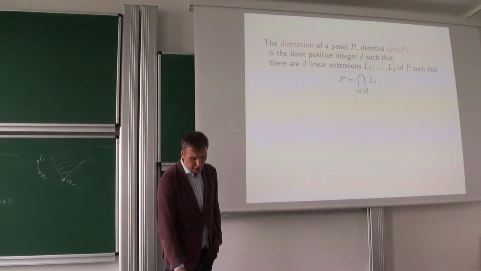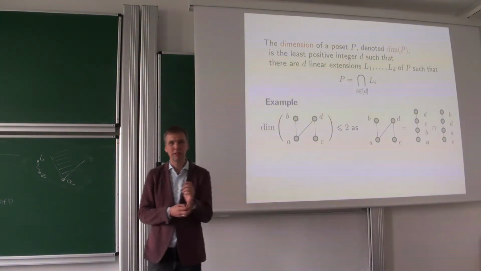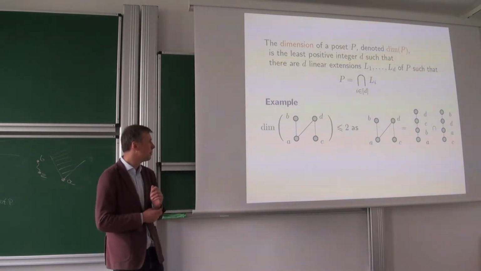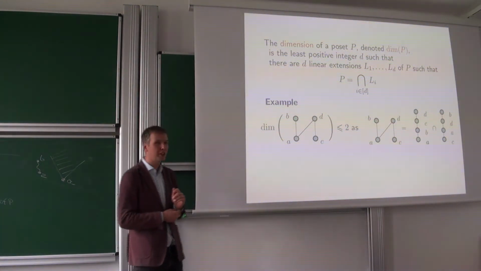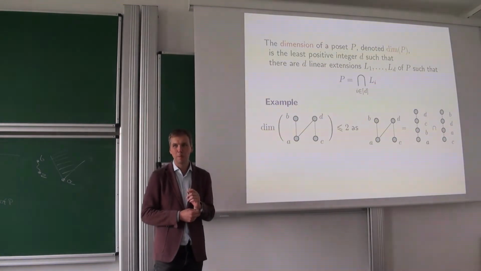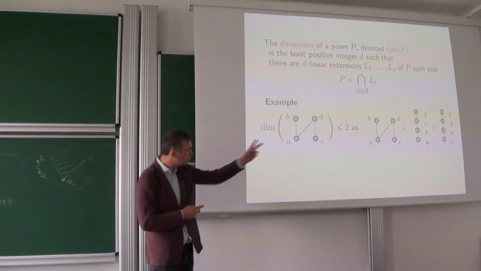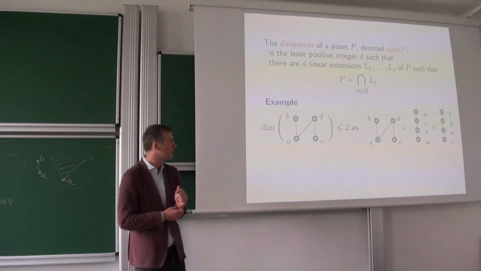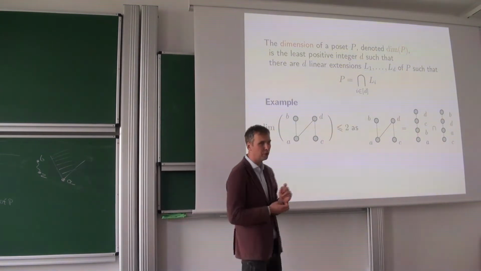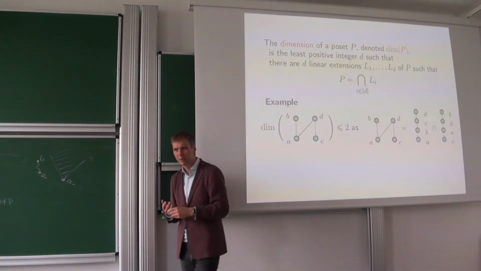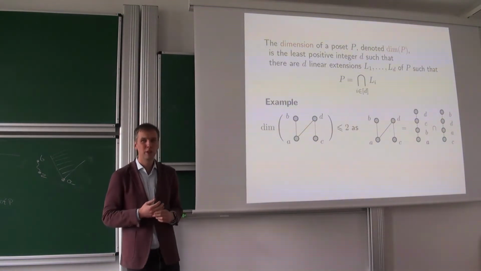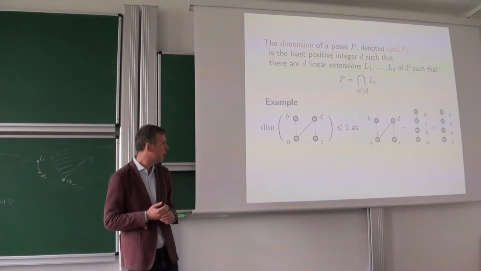So let's look at some examples. Our favorite poset again. I state here that it has dimension at most 2, because I'll show you 2 linear extensions of it, 2 out of these 5 that were listed before, that intersect to the poset. To check this intersection, you'll have to go through each of the pairs, but you might have your own way to see that this is true here.